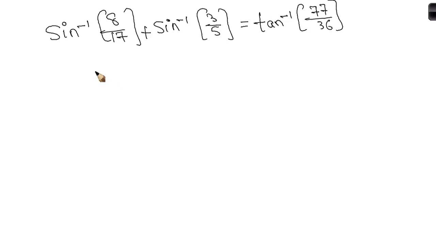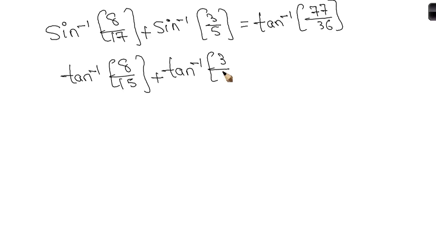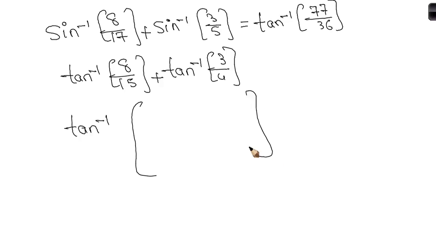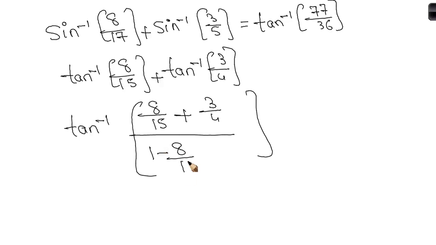So sin inverse of 8 upon 17 can be written as tan inverse of 8 upon 15. Sin inverse of 3 upon 5 can be written as tan inverse of 3 upon 4. So tan inverse of x plus tan inverse of y is tan inverse of x plus y upon 1 minus xy. Using that formula we get tan inverse of 8 upon 15 plus 3 upon 4, upon 1 minus 8 upon 15 into 3 upon 4.